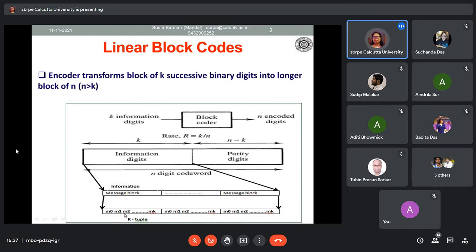We denote these message bits as M0, M1 up to Mk minus 1, because k is the number of message digits or bits. So each message block contains k digits or bits, and this is termed as a k-tuple.